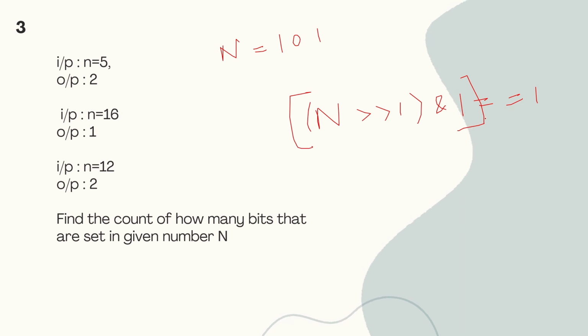If it is equal to 1, then you simply increment your count. The idea is you need to return this count variable. So you are applying an if statement. I'm not writing an otherwise, because we want only which bits are set. We don't care about unset bits. So irrespective of other things, we are simply right shifting our n value with 1.